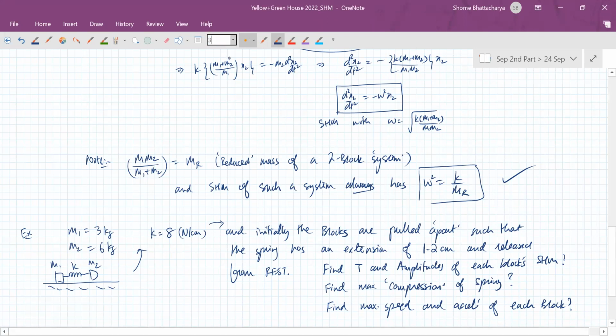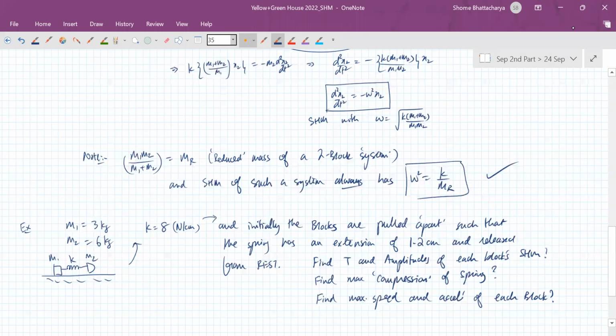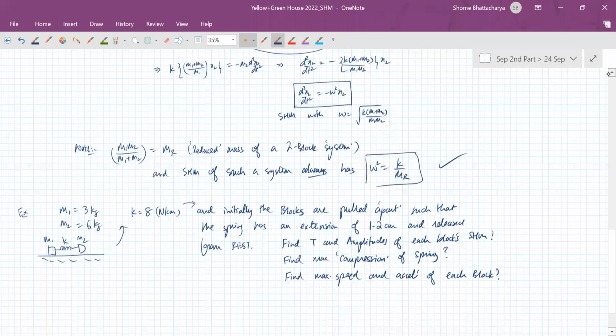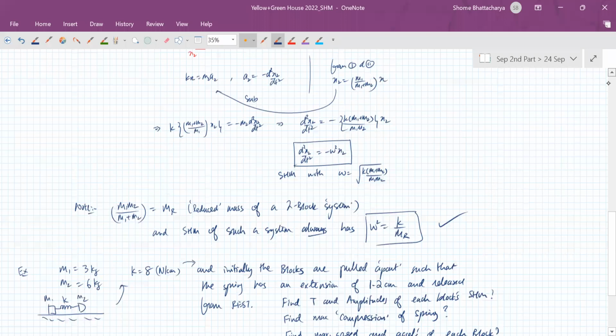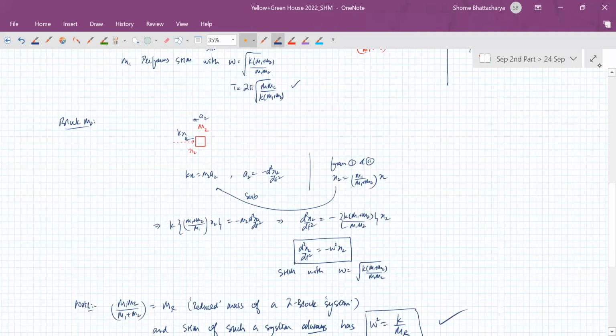Okay, I'm scrolling up a bit. Hope everybody's got the data of this question written down, so you can start. I mean, you can continue working on the question. This part or above?